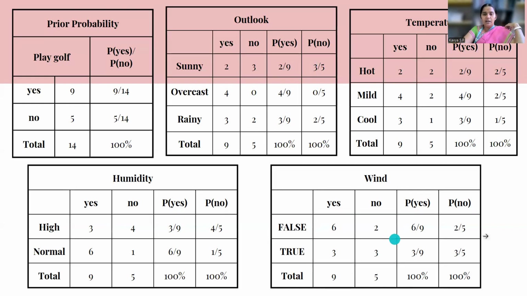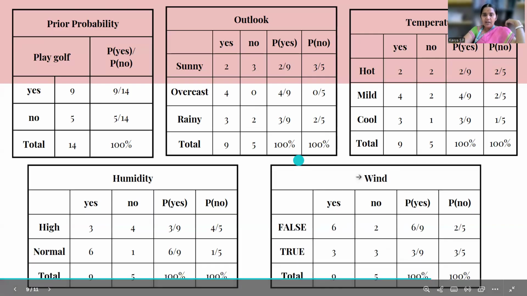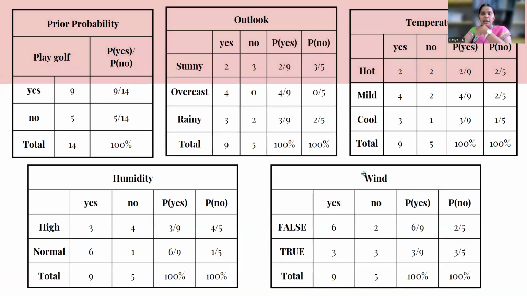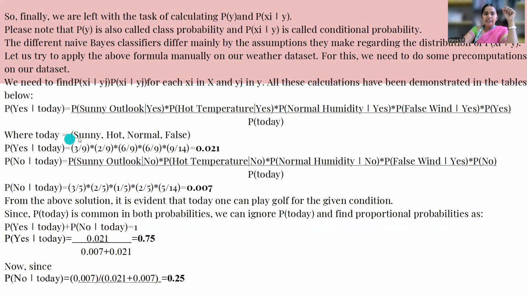So this is the resultant value, or the conditional probability, that I have observed, right? Now, I am given one use case: today is sunny and the temperature is hot, whereas the humidity is normal and there is no wind. The wind is false. Now I have to identify whether or not to play golf for one such day with certain conditions.